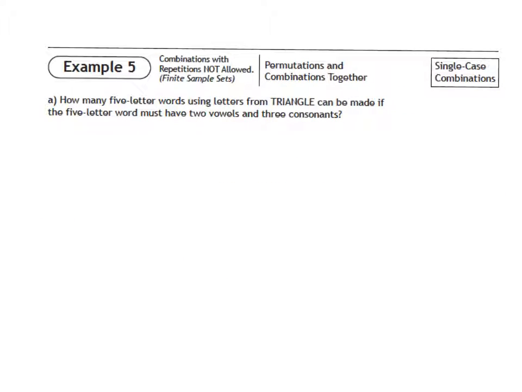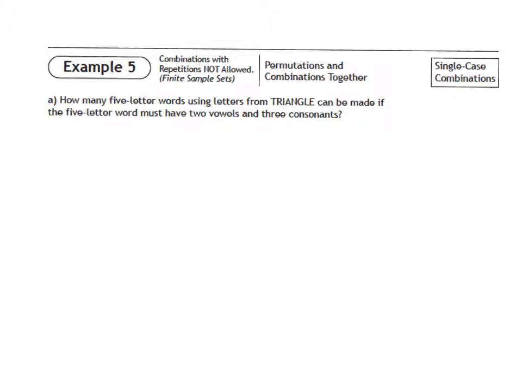Here's the next question. Have a look at that. How many 5-letter words using letters from triangle can be made if the 5-letter word must have 2 vowels and 3 consonants? This is a tricky question because it actually involves permutations and combinations.